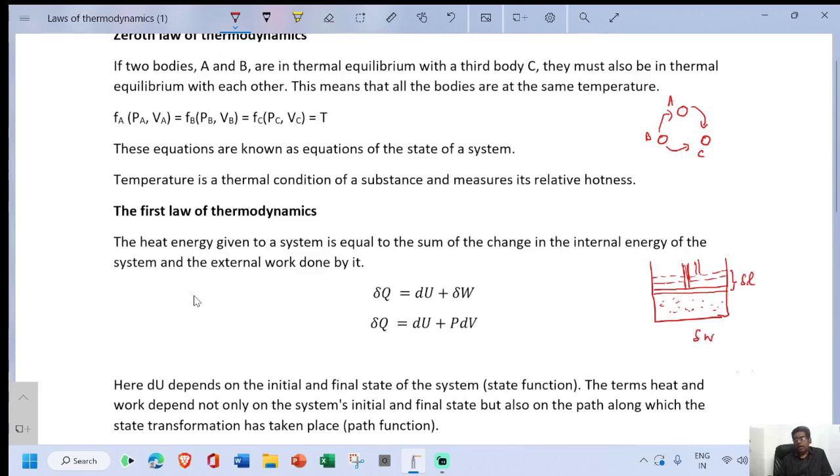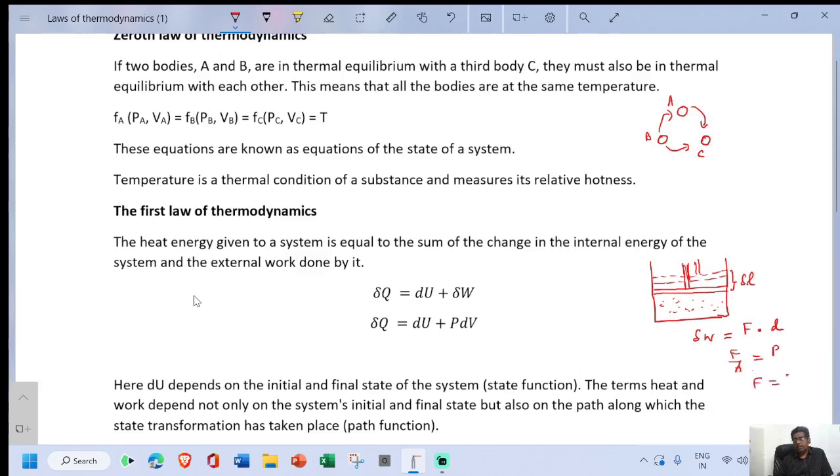Now the work done is equal to force into distance moved. But force acting per unit area is called pressure.